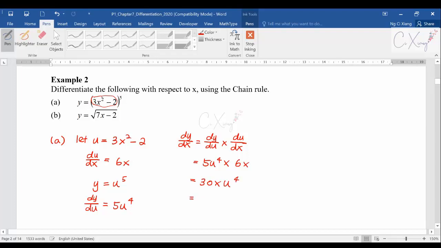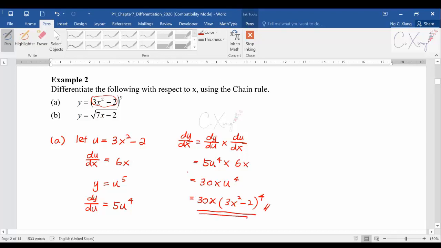Because in my original question there's no u, I should change the u back to 3x squared minus 2. Therefore, I have 30x times 3x squared minus 2 power 4. So this is my final answer for the differentiation of this part.